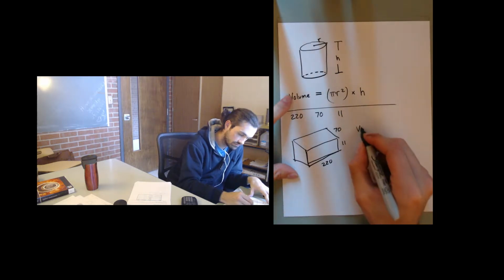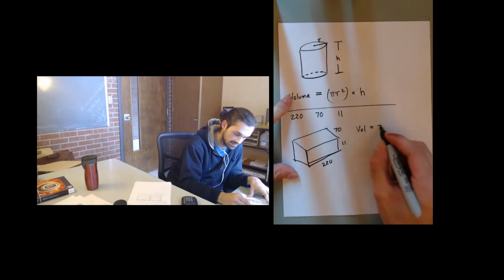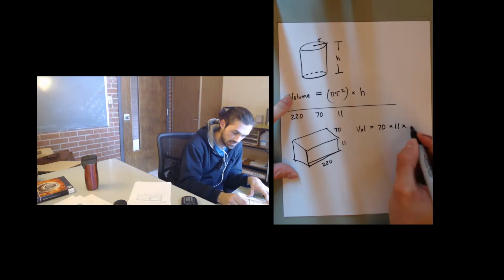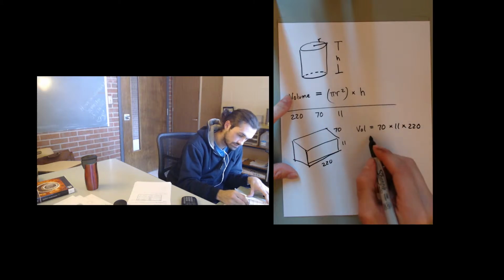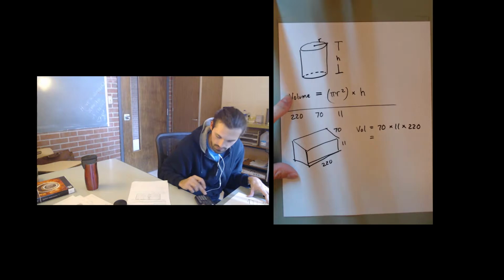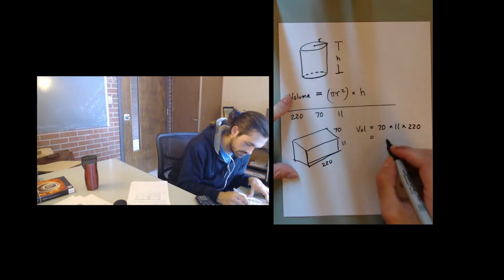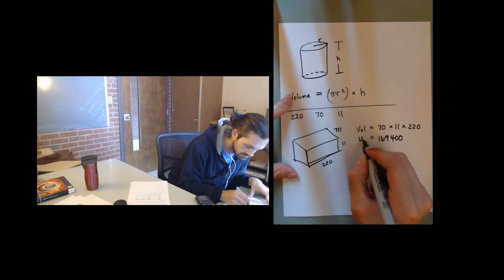So volume is 70 by 11 by 220. 169,400. So there's my volume.